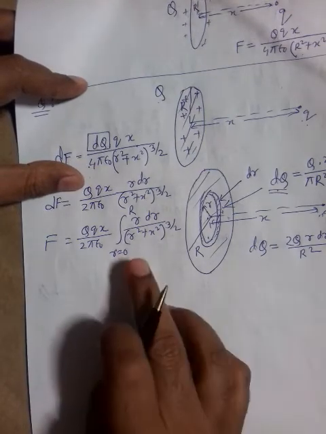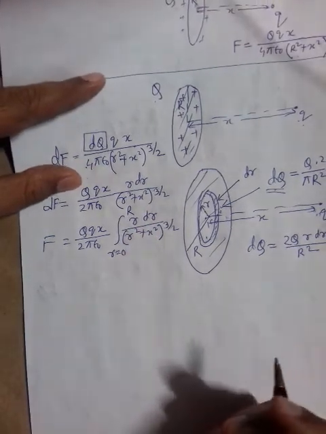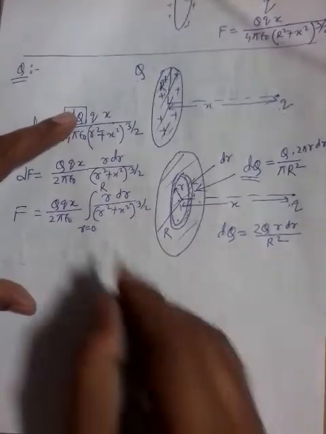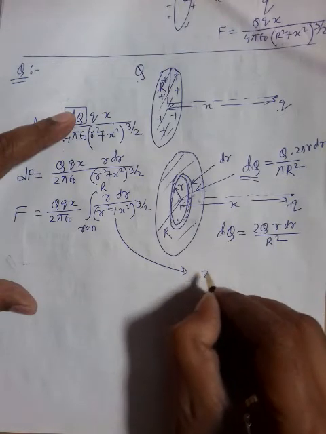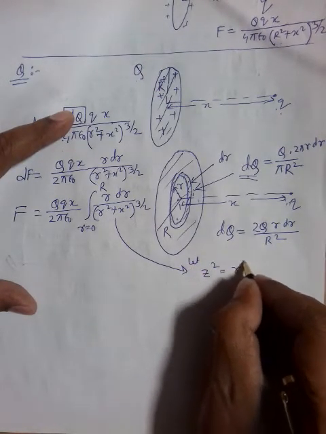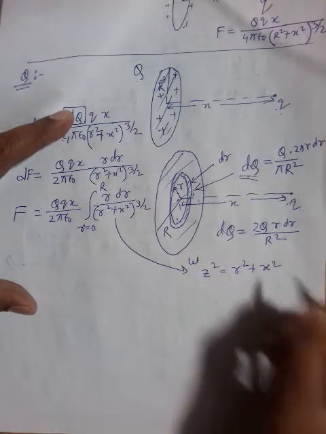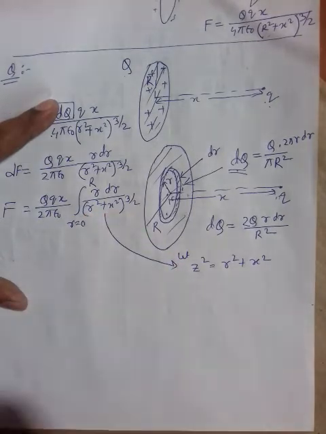Now directly there is no formula to integrate this one, so we have to use some manipulation. I am going to assume, let z square equal to r square plus x square. I am just assuming this quantity as z square.